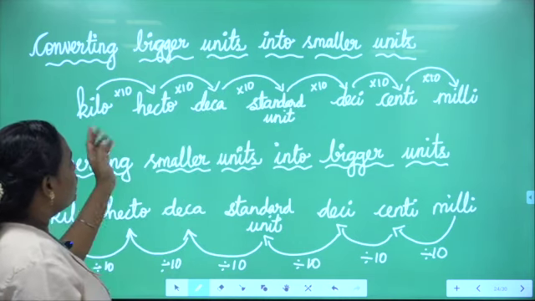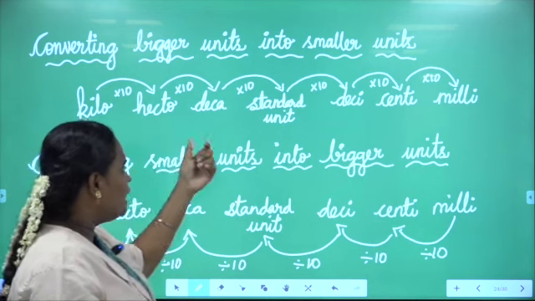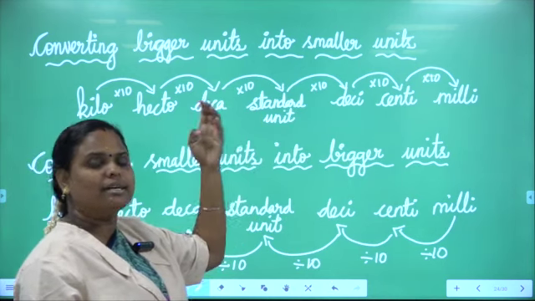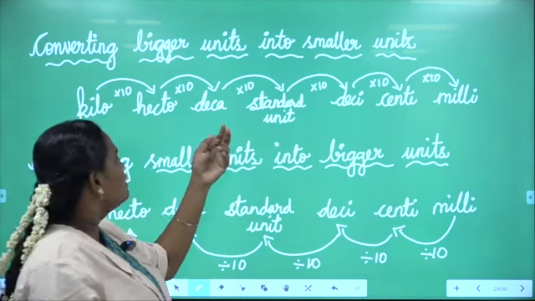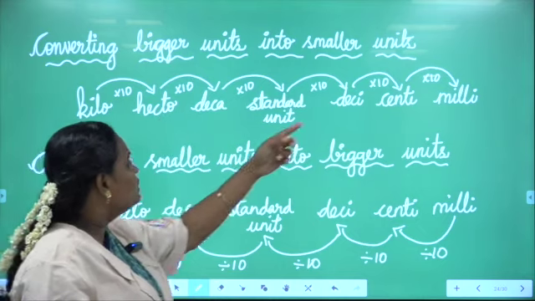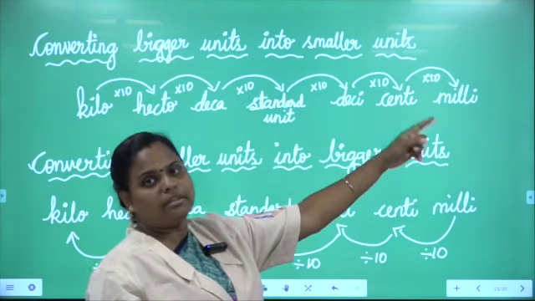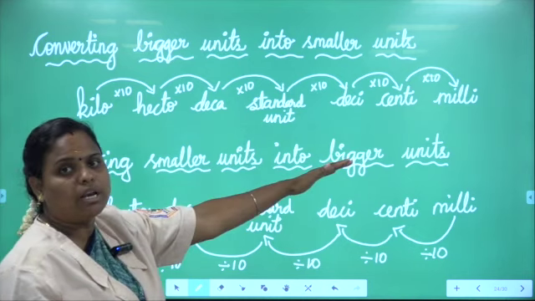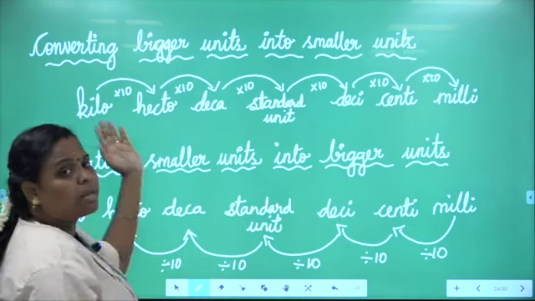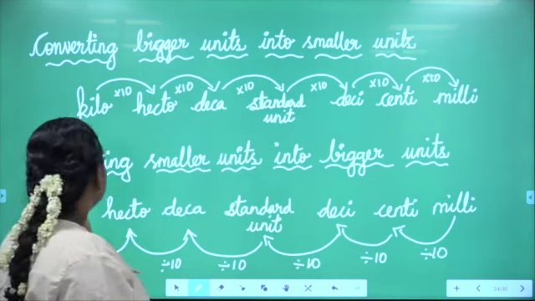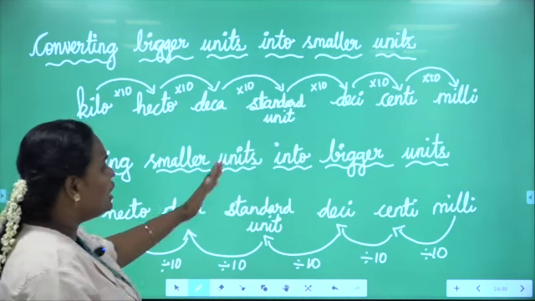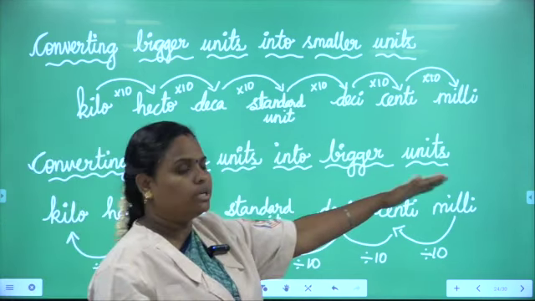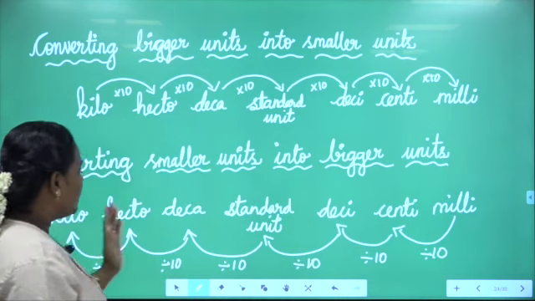So first kilo, hecto, deca, then standard unit, that is gram or meter, and then liter, then deci, centi, and then milli. So if you are converting bigger unit into smaller units, you are going to multiply by 10. If you are converting smaller unit into bigger units, you are going to divide it by 10.